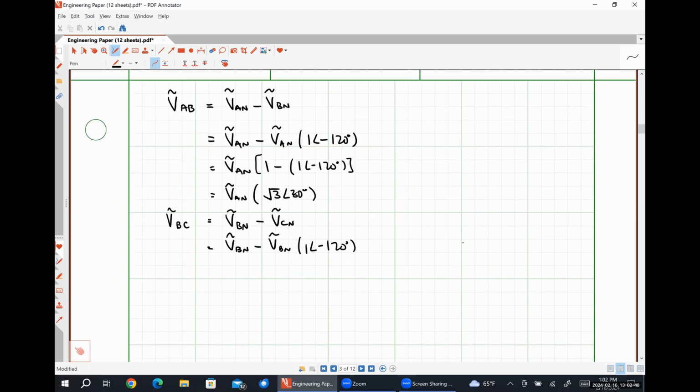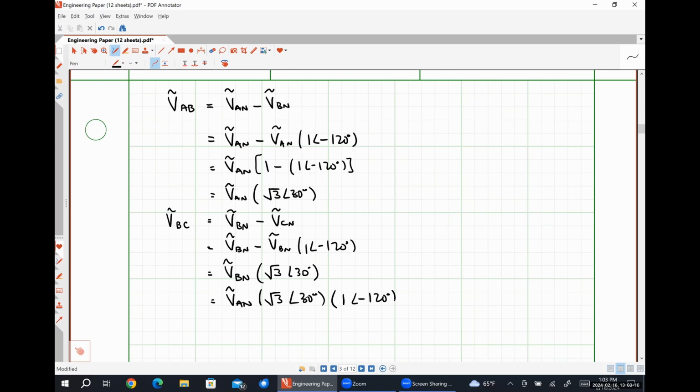And using the exact same logic, we would then see that this is VBN times √3 angle 30 degrees, which is the same thing as VAN √3 angle 30 degrees, also multiplied by 1 angle negative 120 degrees.